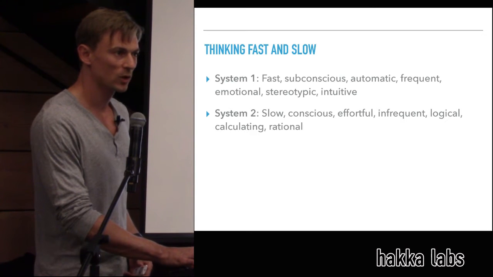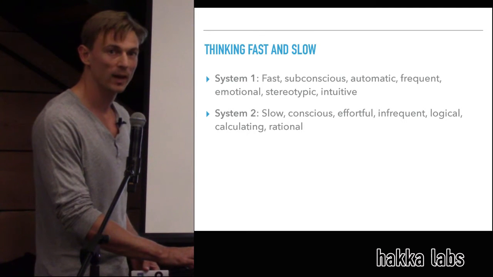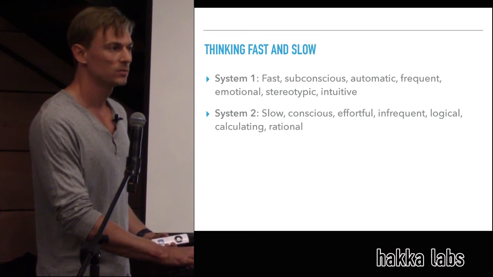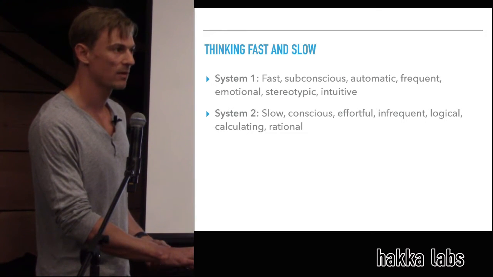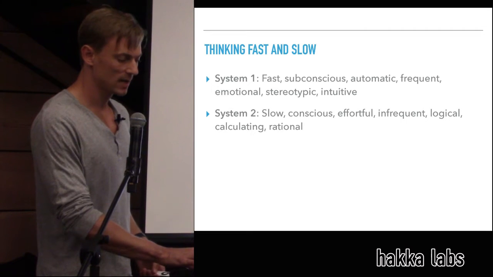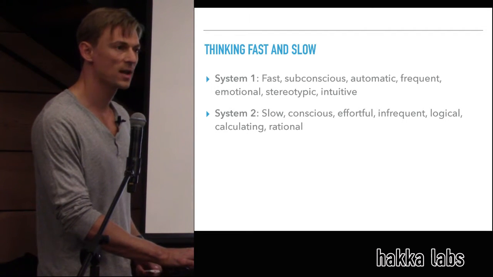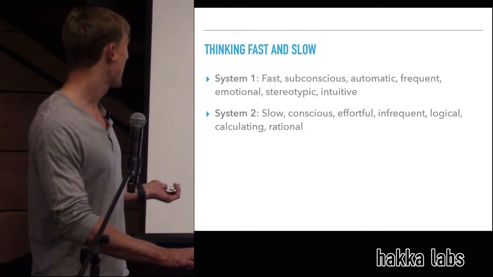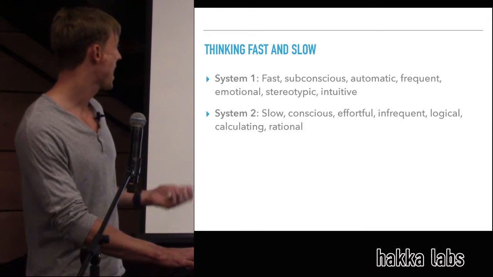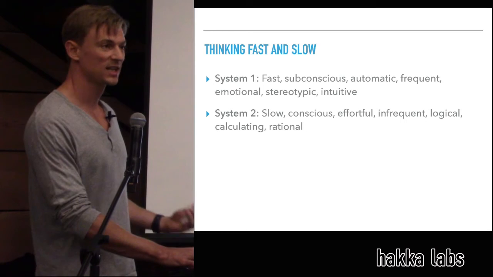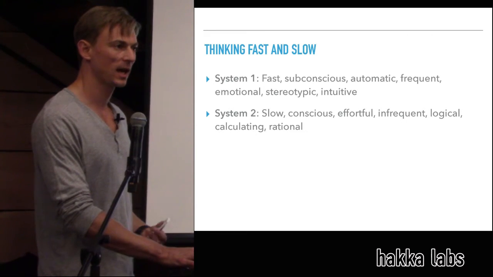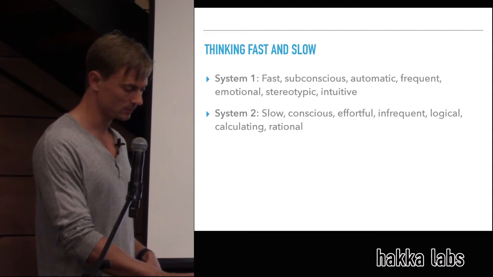There's many ways of looking at this, but a very simple, powerful way of looking at biases is that they all stem from two basic ways we have of thinking. Daniel Kahneman calls them System 1 and System 2. System 1 is fast, subconscious, automatic, frequent, emotional, stereotypic, and intuitive. It's always on, and it's effortless.